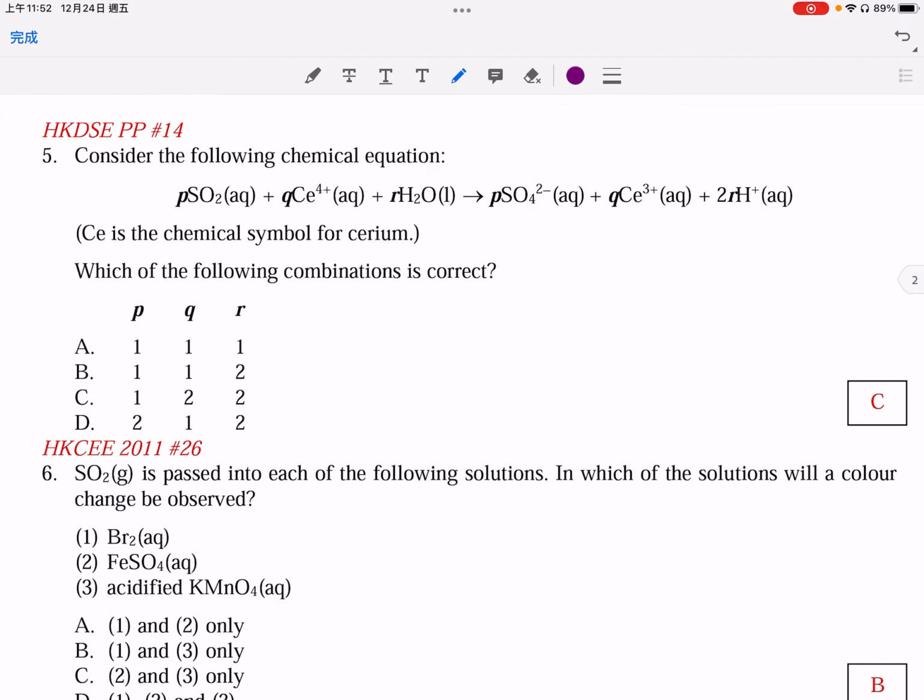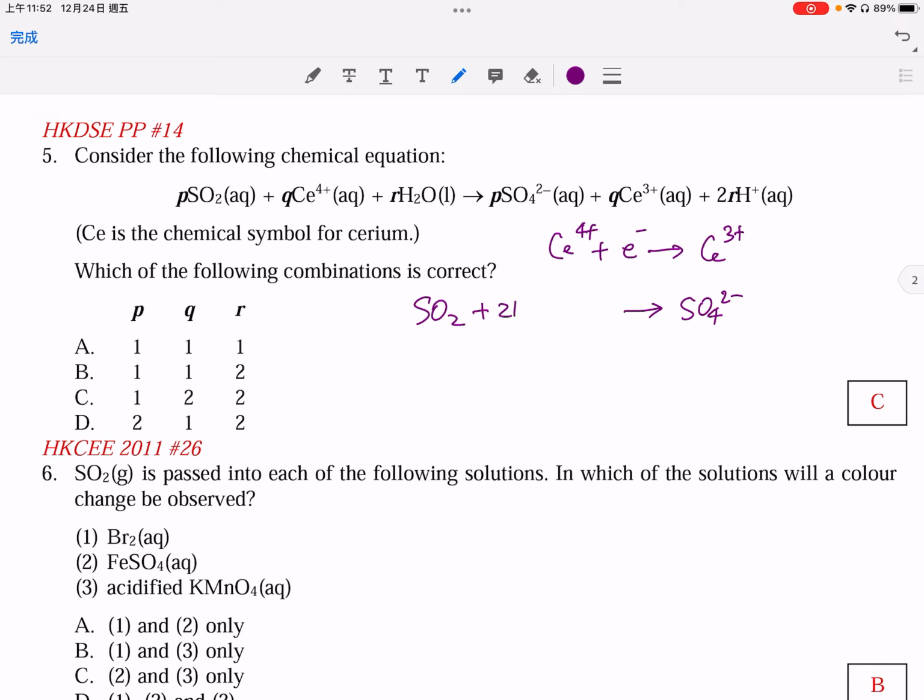For this equation, first of all, it involves an unfamiliar situation involving the Ce4+ becoming the Ce3+. Anyway, to balance this half equation is very easy, okay? Just like this. How about the sulfur dioxide? This is more familiar to you. Sulfur dioxide becoming sulfate by the half equation method.